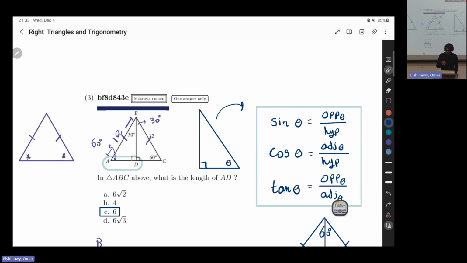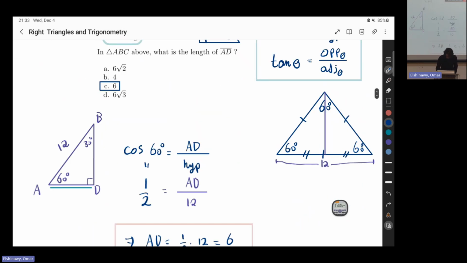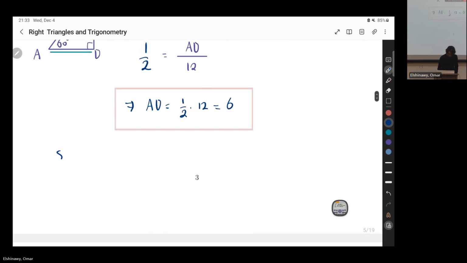Then you get that sine of 30 is equal to AD divided by 12. It's the same result. So in short, cosine of 60 degrees is the sine of 30 degrees. And more generally, the sine of theta is equal to cosine of 90 minus theta.